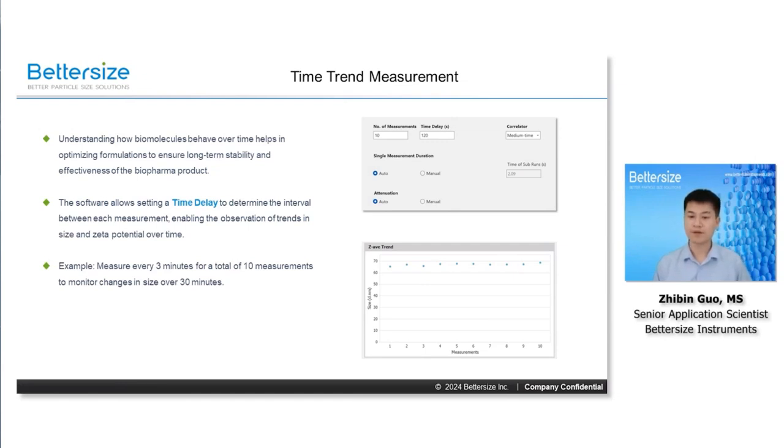For instance, users can configure the software to take a measurement every 3 minutes, resulting in a total of 10 measurements over 30 minutes. This setup allows for the continuous monitoring of size changes, which is crucial for understanding how biomolecules behave over extended periods.